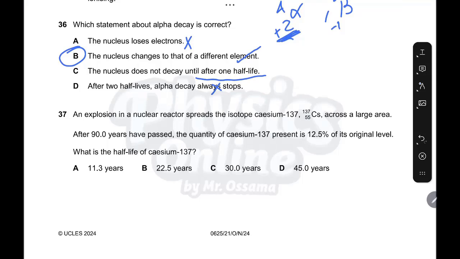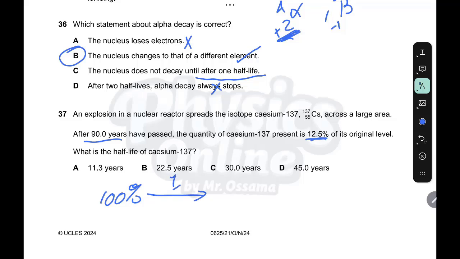An explosion in a nuclear reactor spread the isotope cesium-137 across a large area. After 90 years, the quantity of cesium present is 12.5% of the original value. What is the half-life of cesium? 12.5% represents how many half-lives? If it is 100% in the first place, after 1 half-life it decreases to 50%.